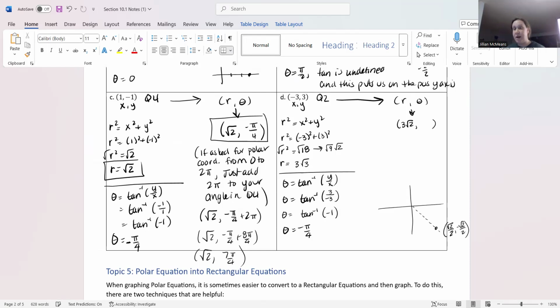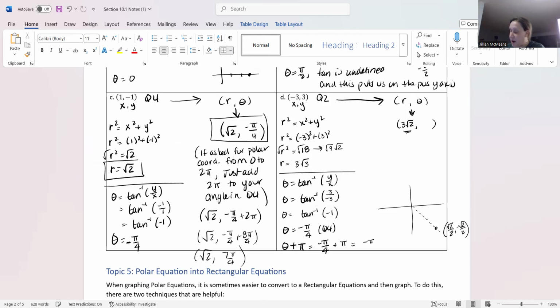But here's the thing, negative pi over 4, that is for sure in quadrant 4. And when we have this r value that's positive, that keeps us in that quadrant 4, but we need something that's in quadrant 2. So this is in Q4. So what I want to do is take theta plus pi. So I'm going to take negative pi over 4, and I'm going to add pi to that.